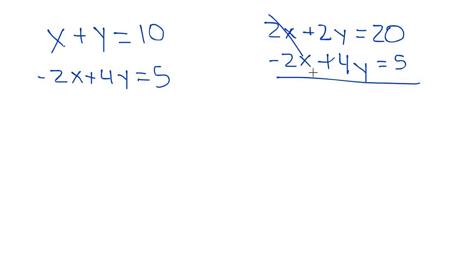And we see that the x's cancel out conveniently because we manipulated the equations when we add these. And this becomes 6y equals 25. And we get a fraction, and y ends up being 25/6.